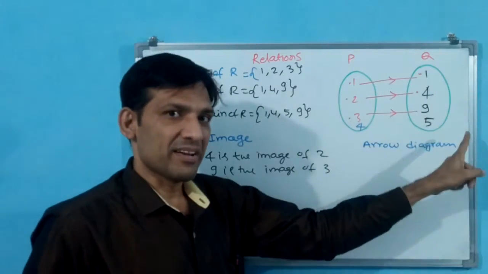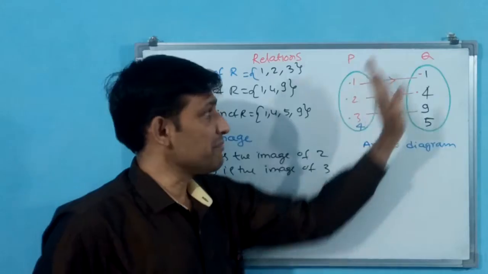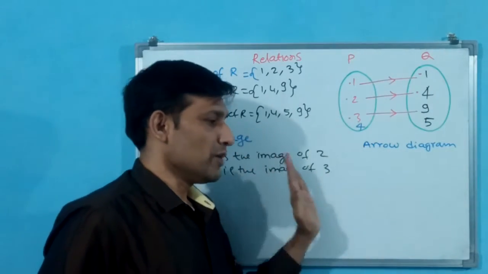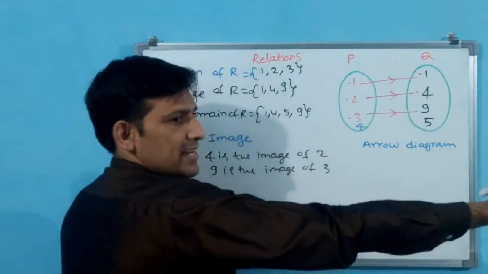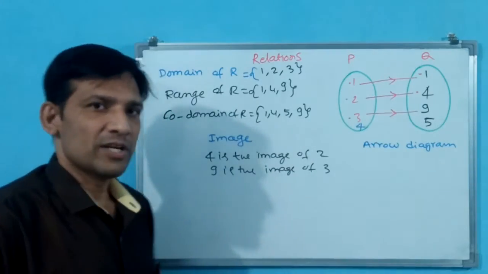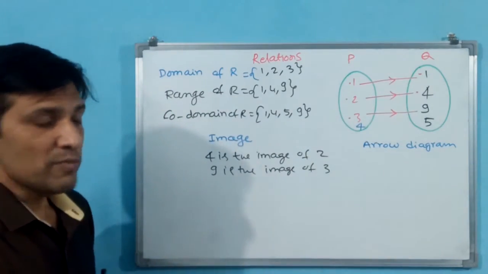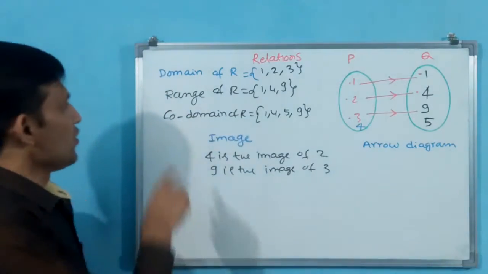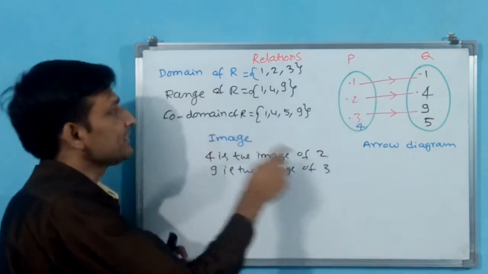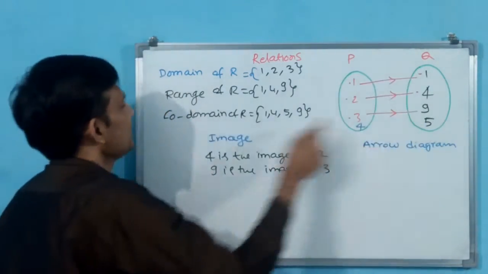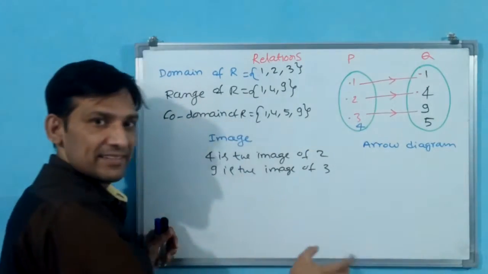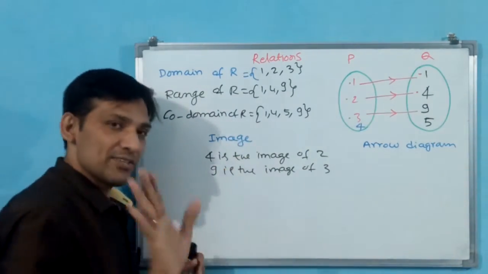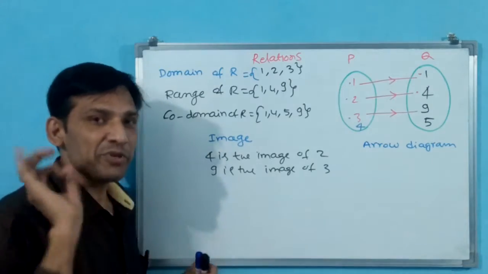Original is on the left side, mirror is on the right side. If you keep 3 here, 9 is the image. You understand now? That means image is not a set, image is an element. Domain is a set, range is a set, codomain is a set. Image is not a set. Image is an individual element.